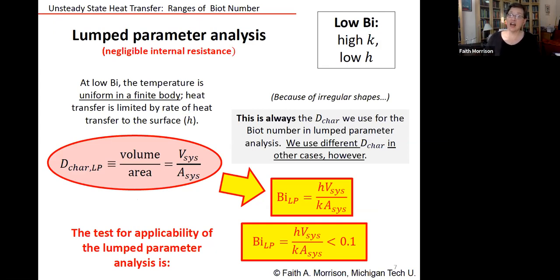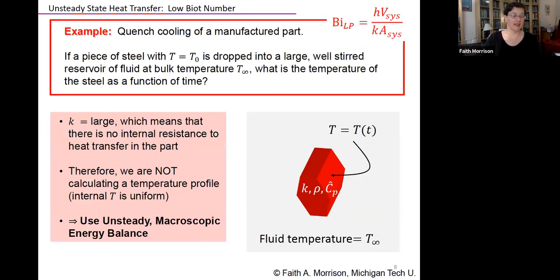It also turns out, and we'll talk about this when we get back to the third case, that we can figure out the maximum Biot number for it to work, to have a reasonable assumption that the temperature is constant inside the part, and the answer is 0.1. So when this Biot number, the one based on the volume divided by the surface area, is less than 0.1, that's the boundary. So write that one down. That one's the keeper.